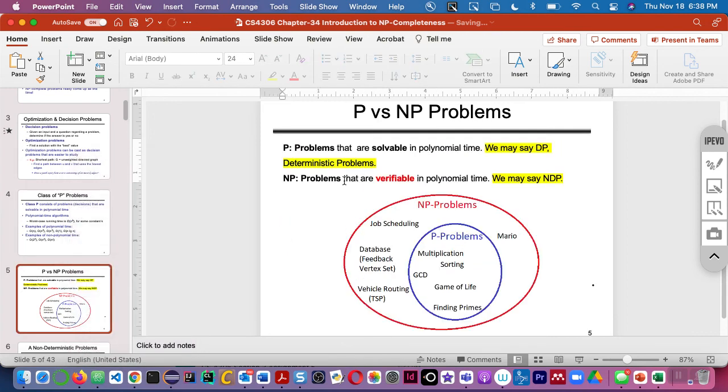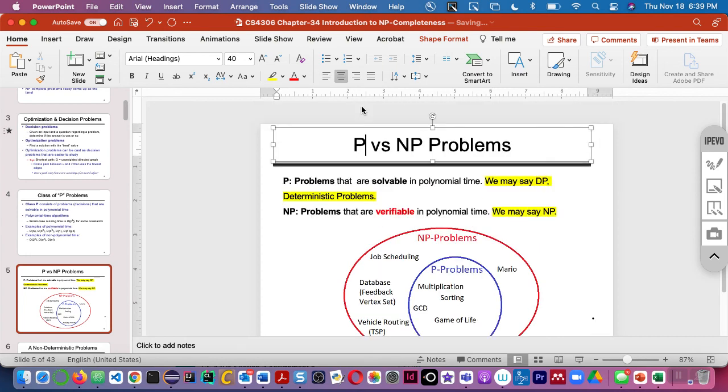If a problem cannot be solved this way, that is called non-polynomial, or it cannot even be verified, either solved or verified. Then it is called non-deterministic polynomial, actually non-polynomial. The P and NP are sets, not single problems, sets of problems.